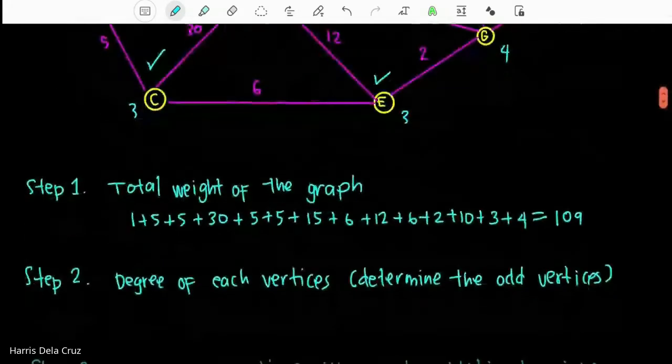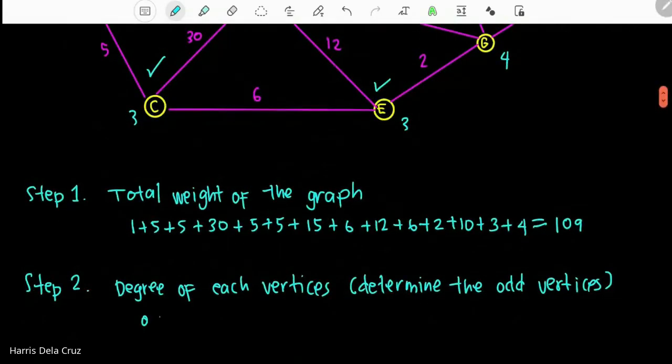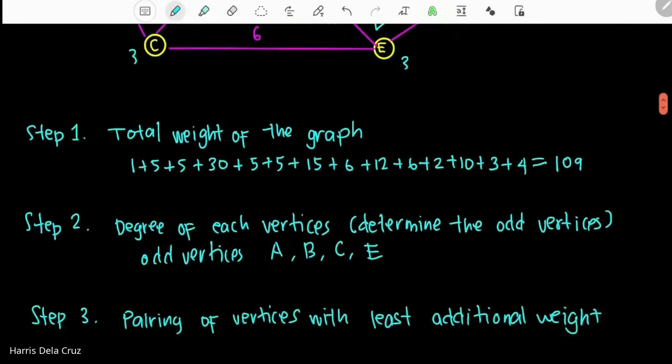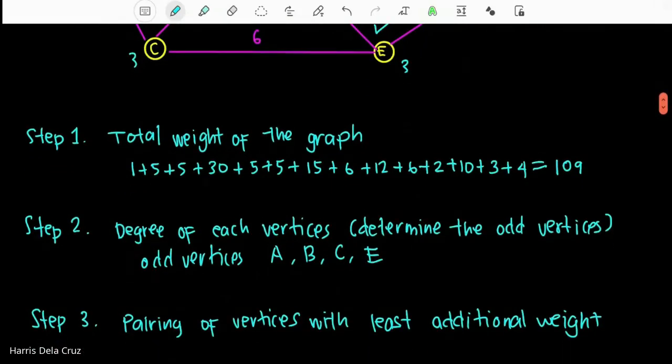So we list these vertices. The odd vertices are as follows: vertex A, vertex B, vertex C, and vertex E. So the next step is to pair these odd vertices and find the least additional weight for that particular pairing of vertices.